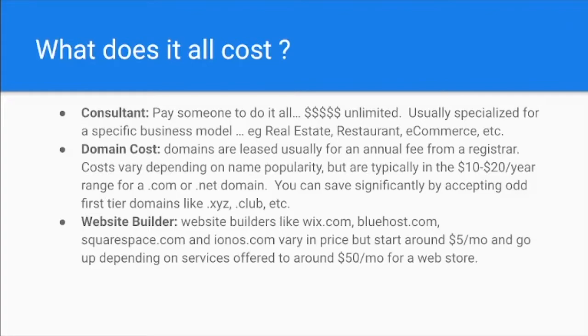Domain costs, well, I already told you that typically you could get a domain for $1 for the first year, and then after that you pay somewhere in the $10 to $20 a year for it. And you can save significantly by accepting what I would call odd ones. The .com and the .org, they're called first tier.